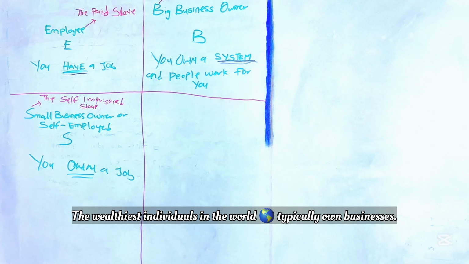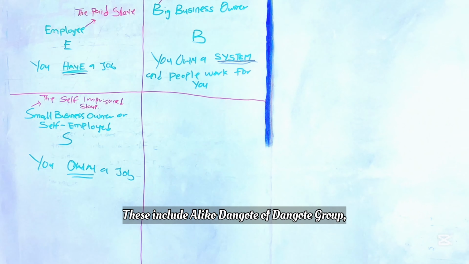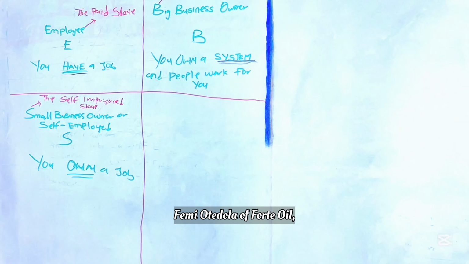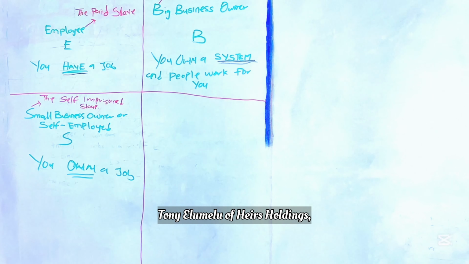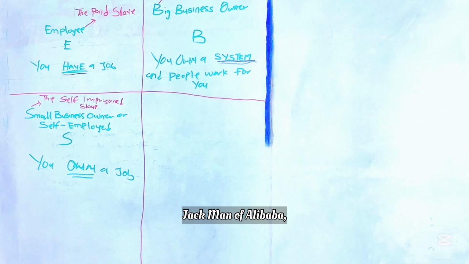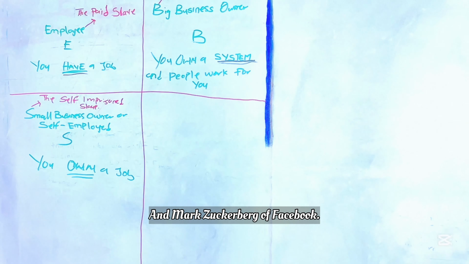The wealthiest individuals in the world typically own businesses. These include Aliko Dangote of Dangote Group, Mike Adenuga of Globacom Limited, Femi Otedola of Forte Oil, Tony Elumelu of Heirs Holdings, Apostle Folorunso Alakija of Famfa Oil Limited, Jack Ma of Alibaba, Bill Gates of Microsoft, Jeff Bezos of Amazon, and Mark Zuckerberg of Facebook.